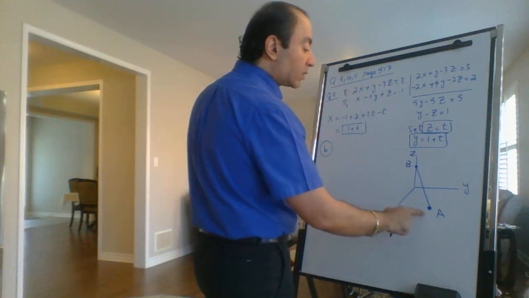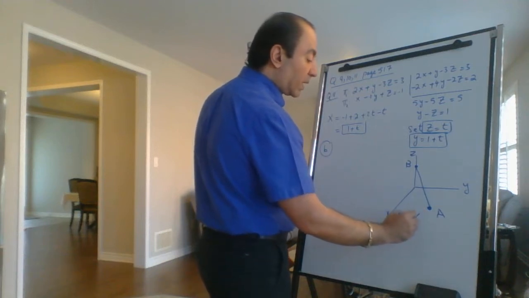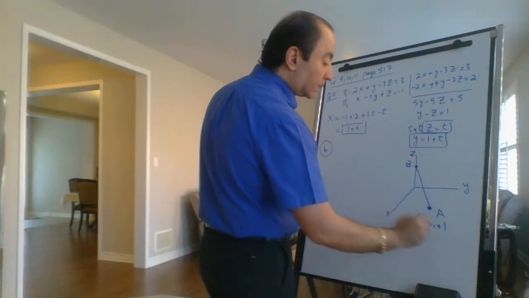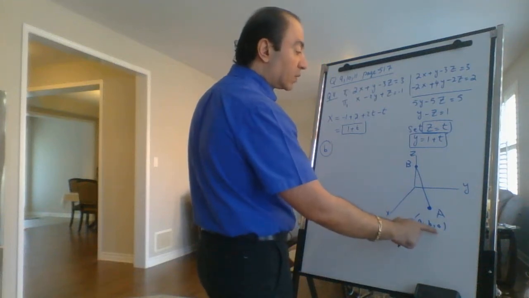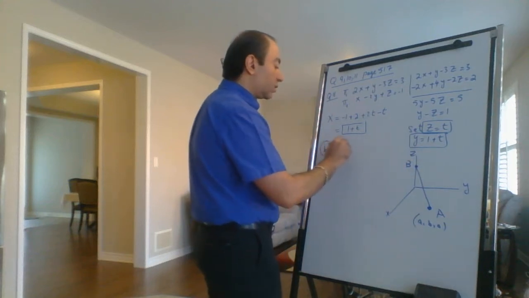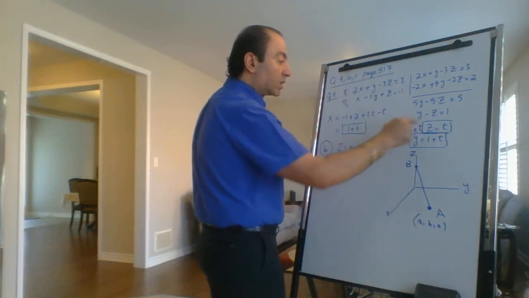This point lies on the xy plane. So what is the z value of this point? It has to be 0. So I have, let's say, a, b, and 0. I need to find a and b. When z equals 0, t equals 0 because z equals t.